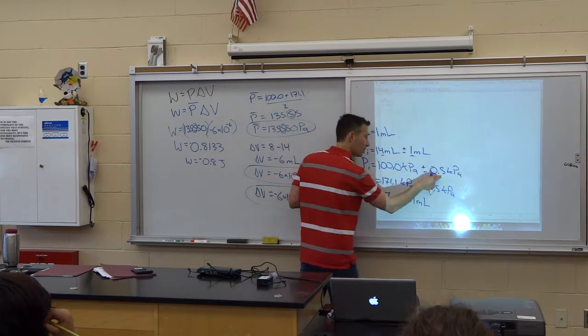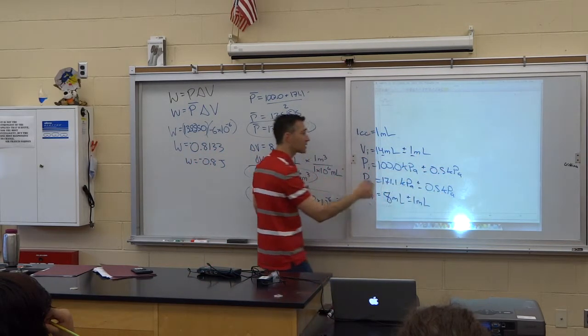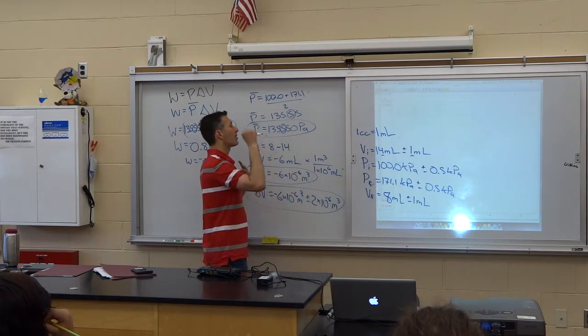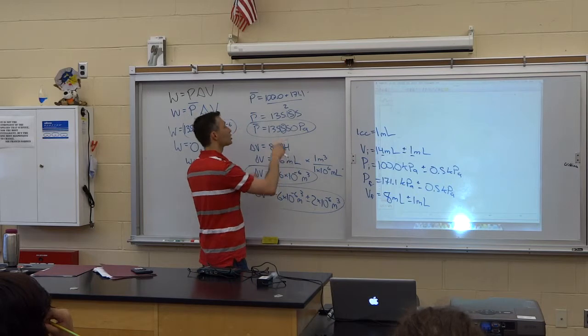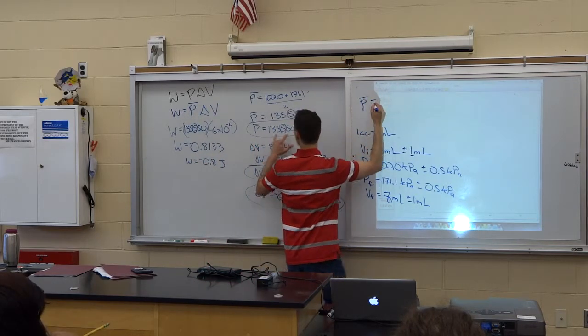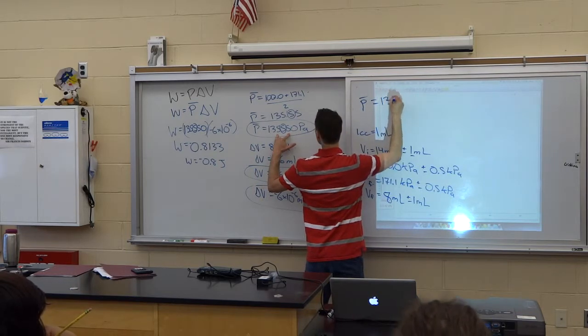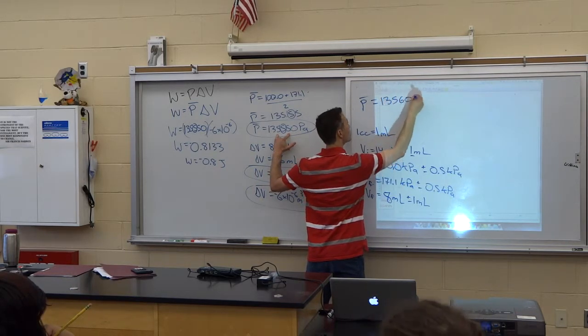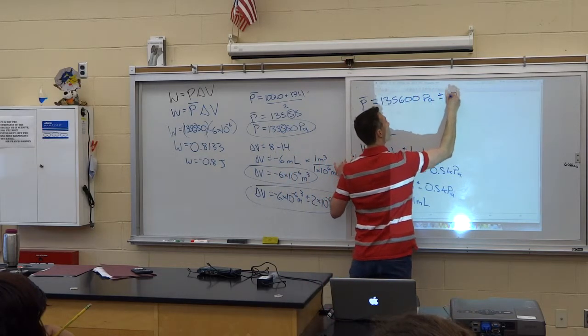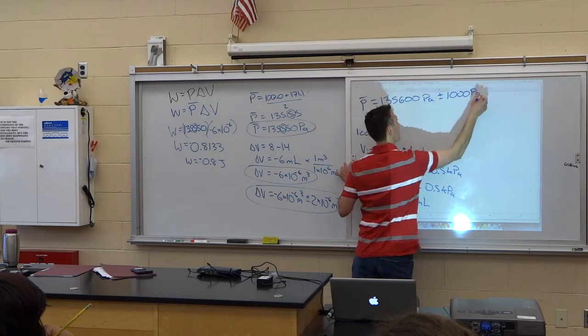So 0.5 kilopascals, 0.5 kilopascals, boom, that's 1 kilopascal, or 1,000 pascals. So I've run out of room. I'm going to rewrite this up here. So the average pressure is 135,600, if I round it, pascals, but plus or minus 1,000 pascals.